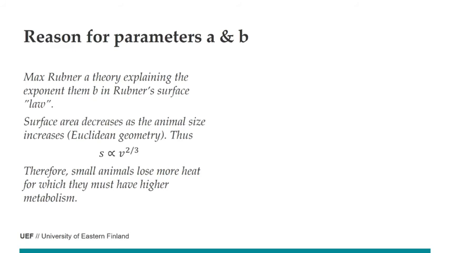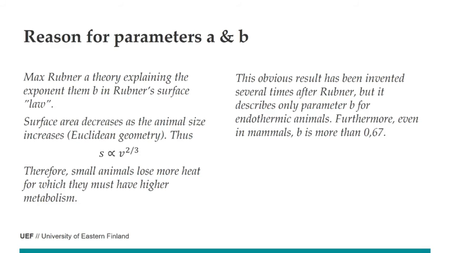But the problem is twofold. First of all, it doesn't tell why the B also exists in ectotherms, and even in mammals it's more than 0.67. So if it's something else than this geometric calculation, it can't be that way. And actually, this Rubner surface law, after its invention, has been forgotten and reinvented several times because it's so obvious.